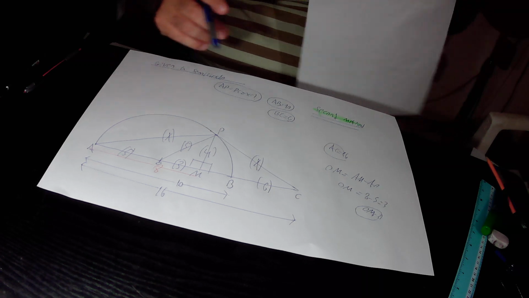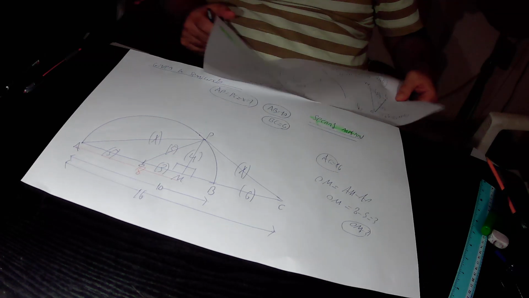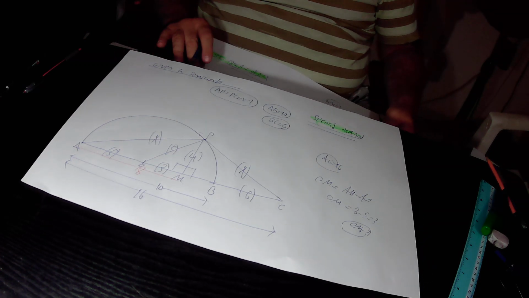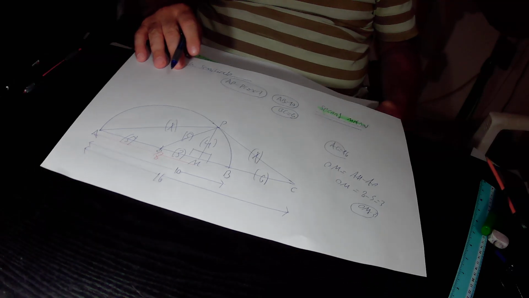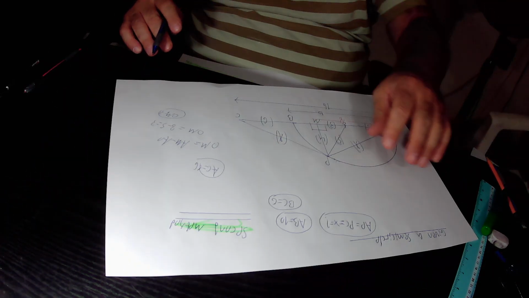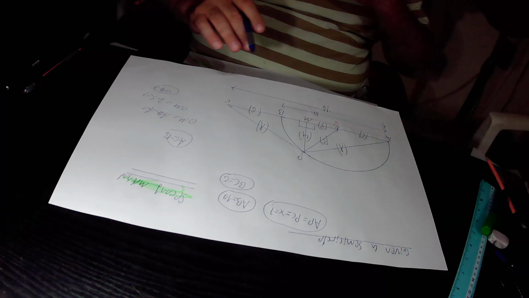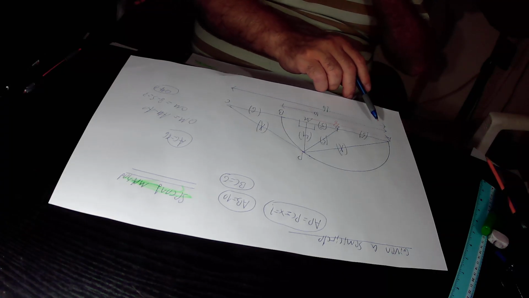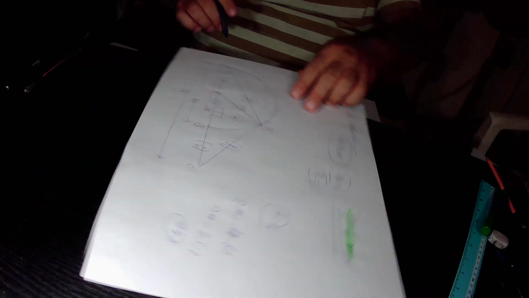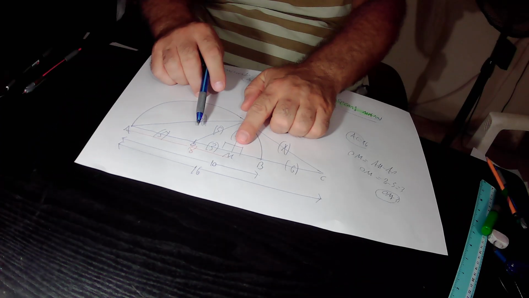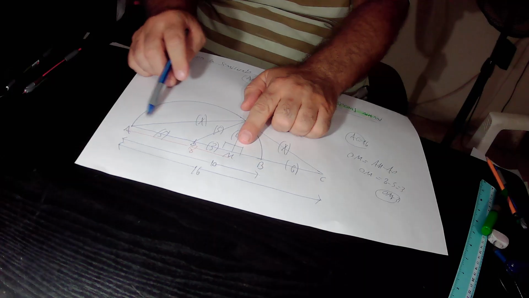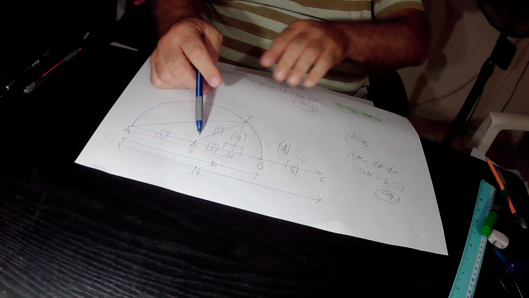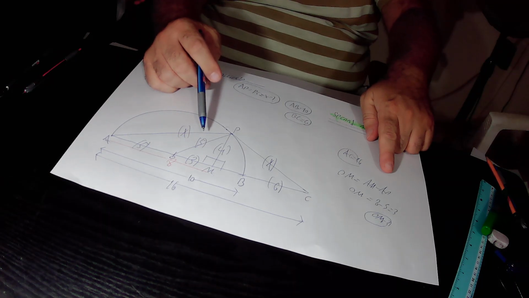So here we have, we know that OM equals AM minus AO.